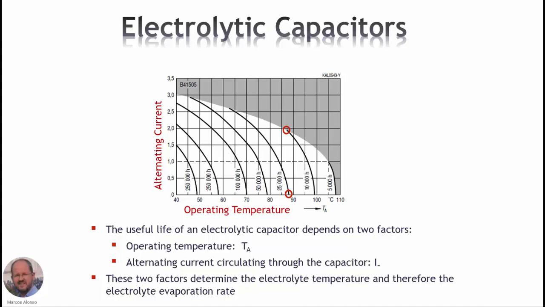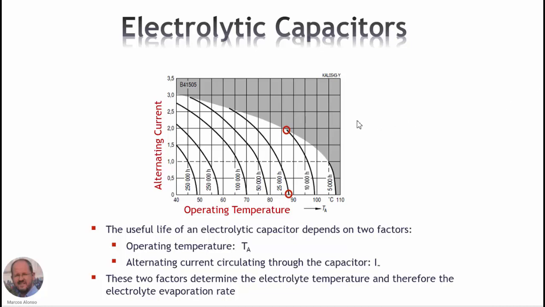So the evaporation of the electrolyte depends at the end on the temperature of the electrolyte, and this depends on two factors. One is the operating ambient temperature and the other one is the alternating current circulating through the capacitor itself, because this alternating current is going to produce losses in the series resistance of the capacitor, and then the temperature is going to increase.